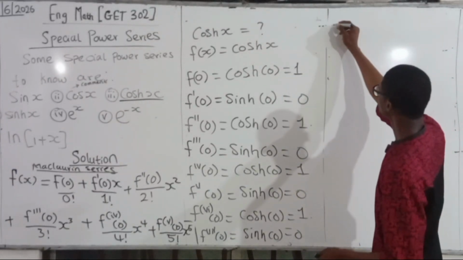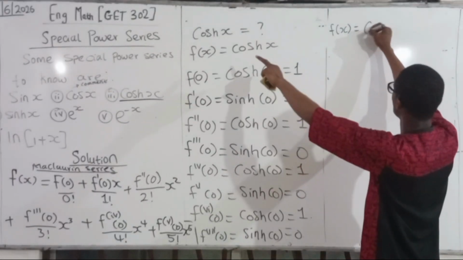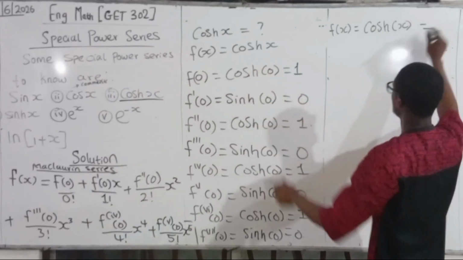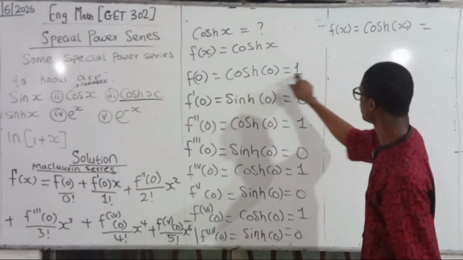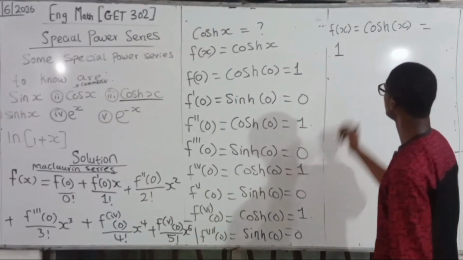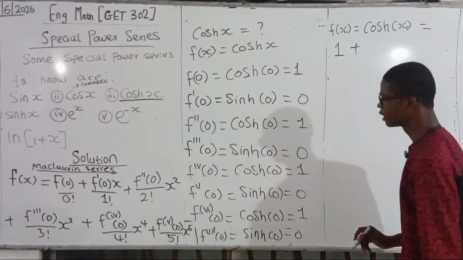We'll have our f of x here to become the one we're looking for, which is cosh x, and it will be equal to, here is f of 0. What's our f of 0? f of 0 is 1, so it will be 1 all over 0 factorial, which is 1, plus this guy. What will it give you?